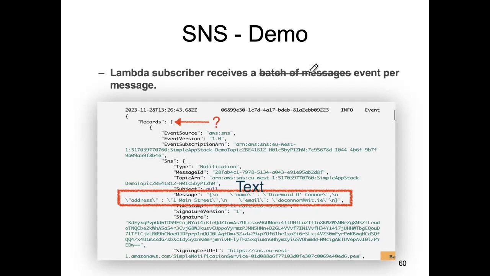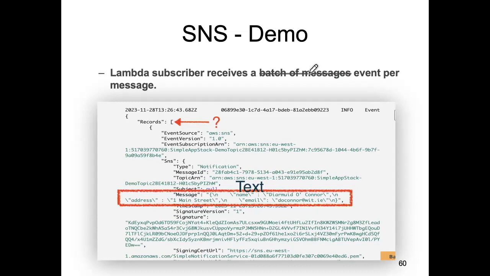That has implications in terms of concurrency. So if you've got a high volume of messages being sent to an SNS topic and you've got a Lambda subscriber, then you could have high concurrency instances of your Lambda processing each one of those messages. So that's obviously a problem.